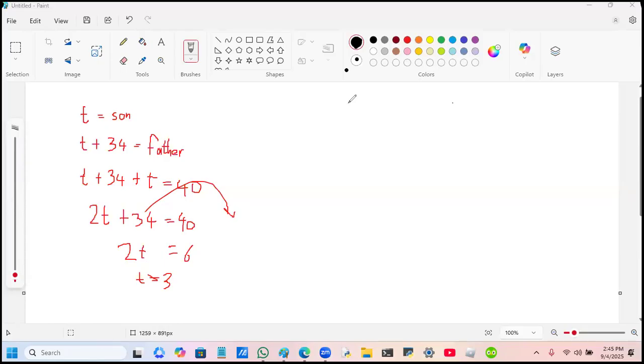The sum of ages of how many children? 8. Okay. The sum is 82 years. So 8 children.